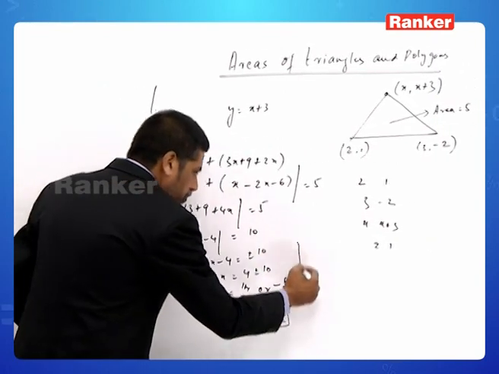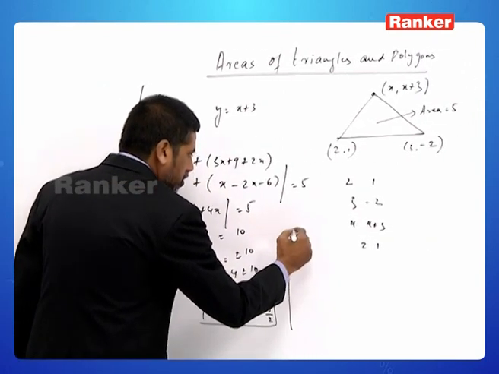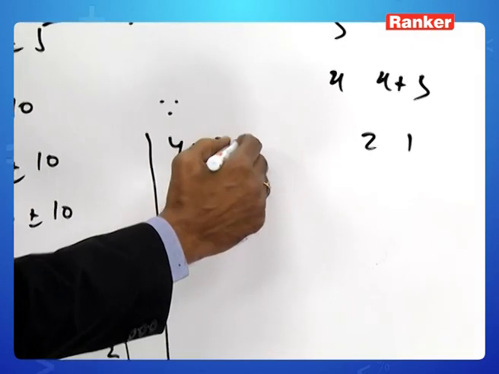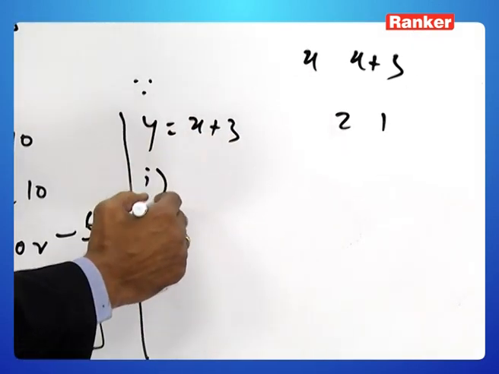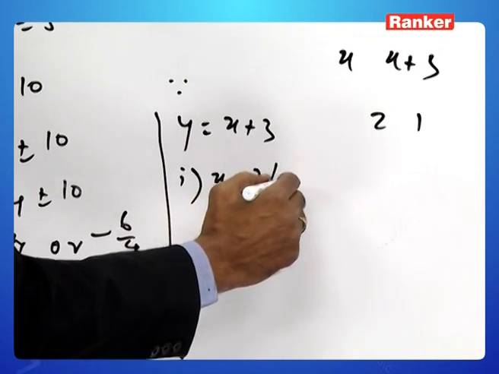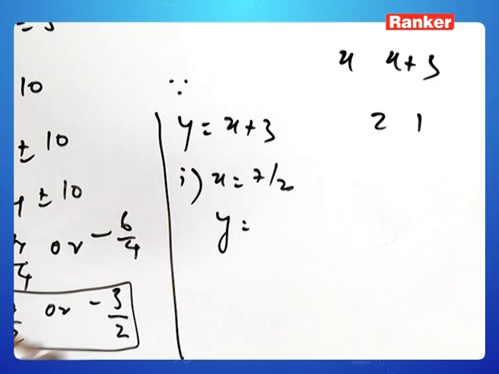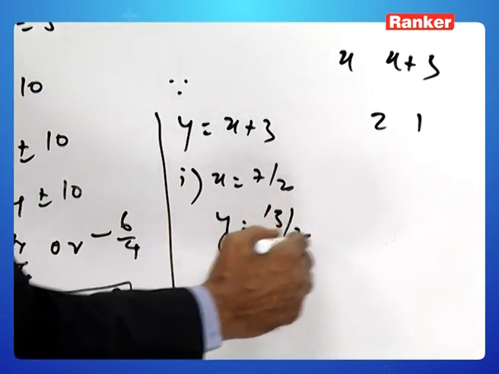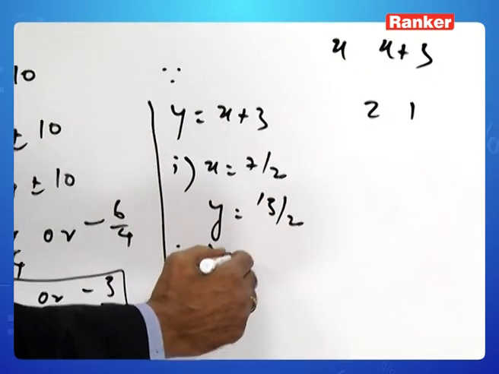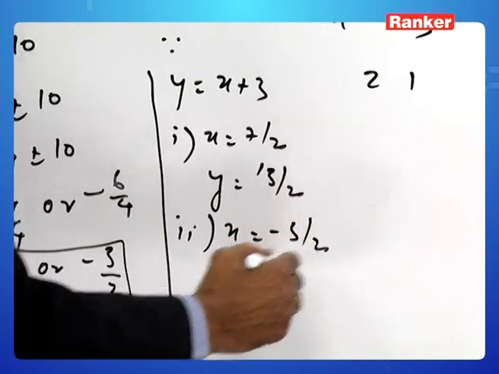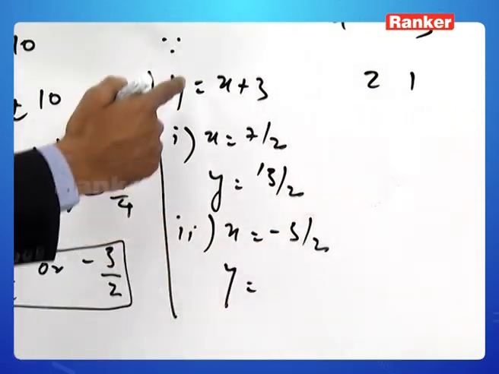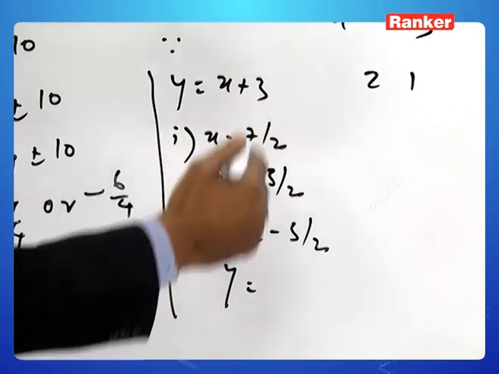So since y is equal to x plus 3, in case 1, when x is 7 by 2, y will be 7 by 2 plus 3, that will be 13 by 2. Case 2, when x is minus 3 by 2, y will be minus 3 by 2 plus 3.